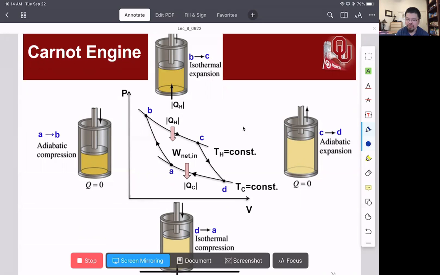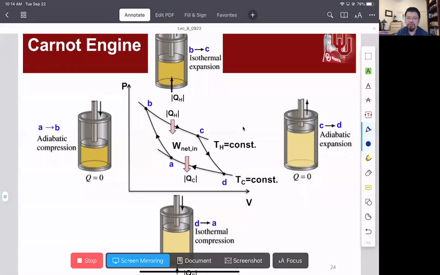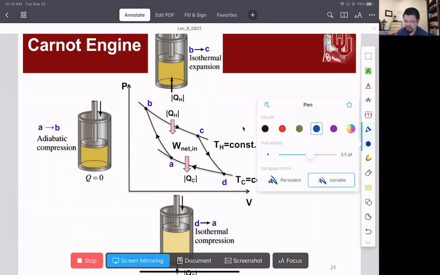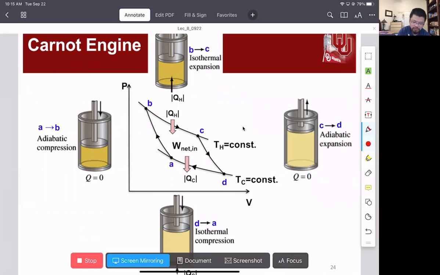So we try to appreciate his result and understand what is involved in his design, not asking why we started with the adiabatic, why not fixed pressure, isobaric, but we need this isothermal expansion and compression, right?